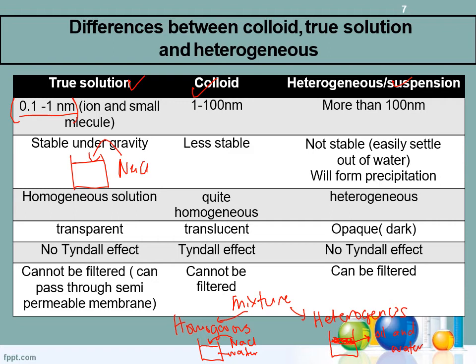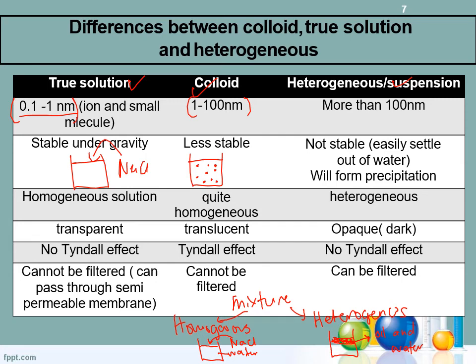For a colloid, the size of the particles is between 1 to 100 nanometers. So in a colloid, the molecules or particles are small enough that they stay inside the dispersion medium, meaning that they will not sediment. They stay suspended inside the dispersion medium.